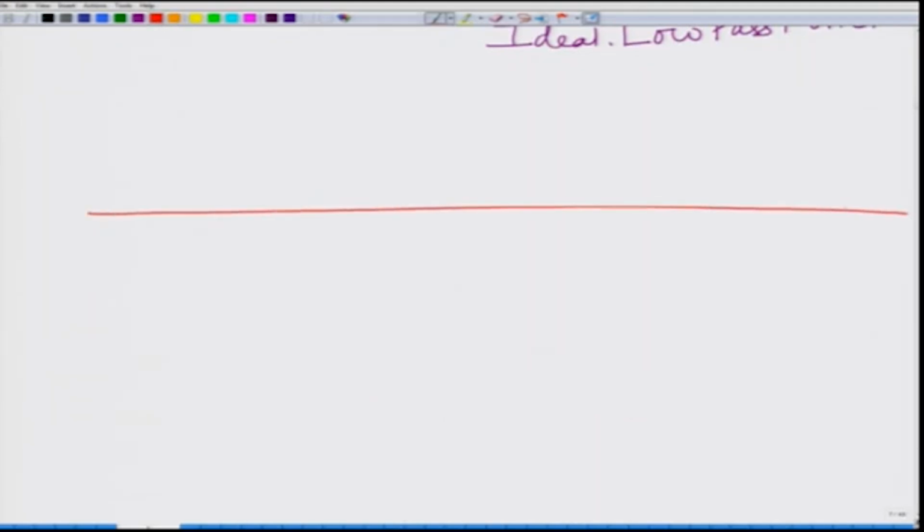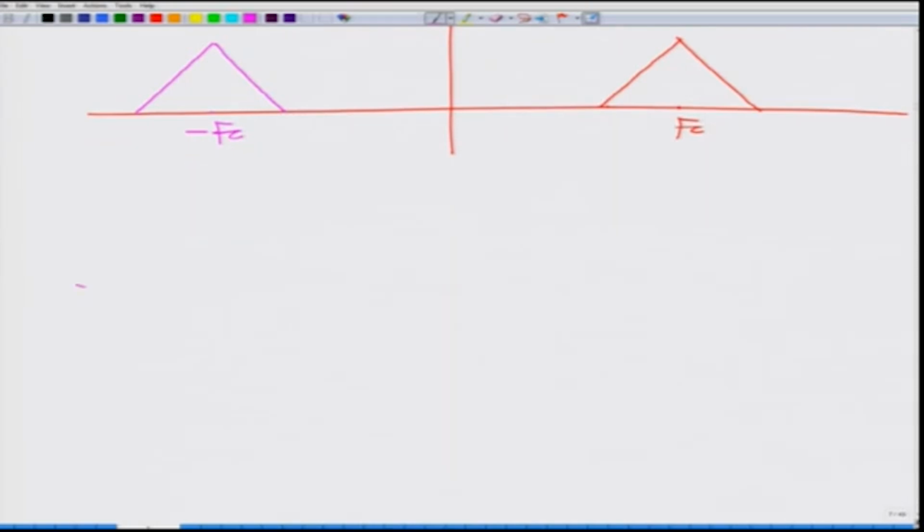Again, if I have the spectrum as follows, correct. So, this is a spectrum X(f), Fc, correct. This is the other band which is from minus Fc to Fc, and now I pass this through a low pass filter.